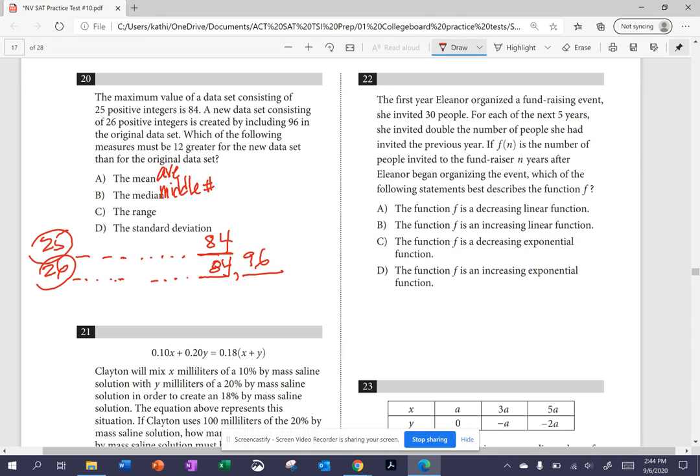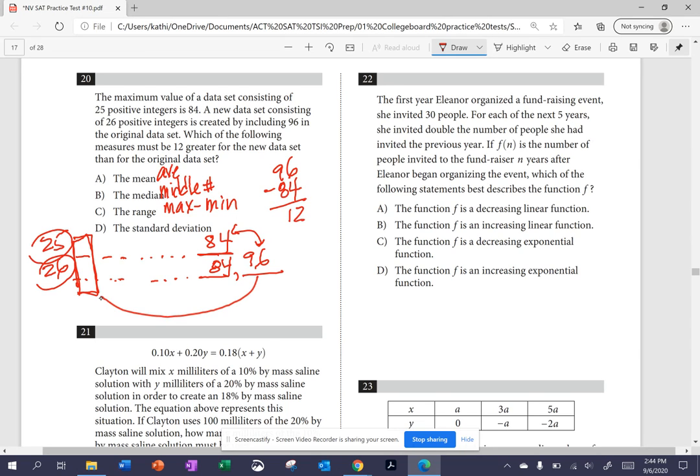The range, so range is maximum minus the minimum. So whatever my first number is here is the same. So if I'm looking between 84 and 96, the difference between 84 and 96 is 12.